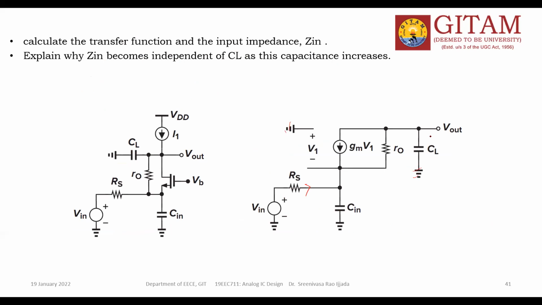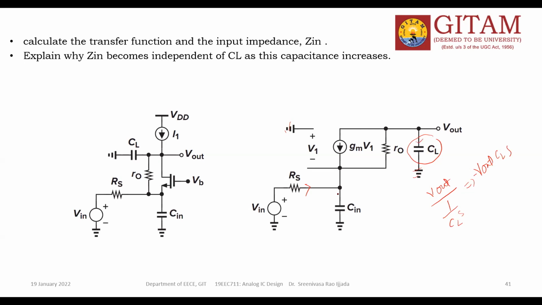Then the current is Vout by the impedance, and the impedance is 1 by CL S. So that is Vout multiplied with CL S. That is one factor. The minus sign comes because of this direction.